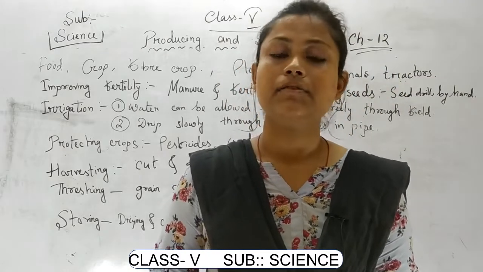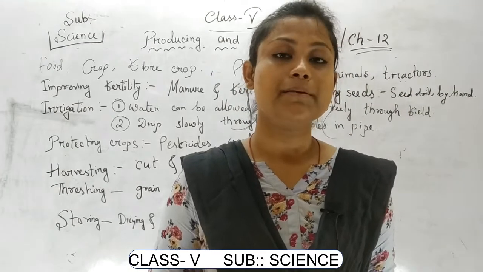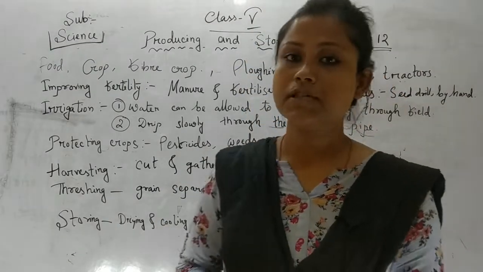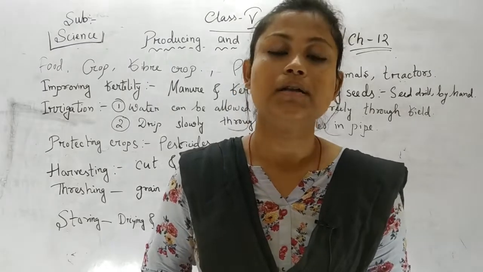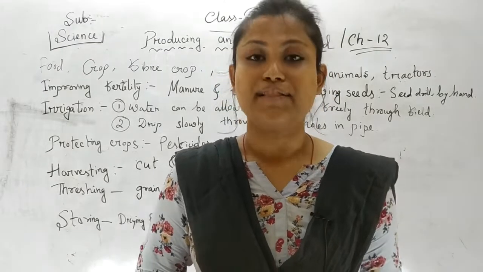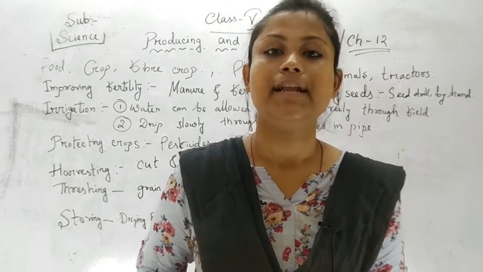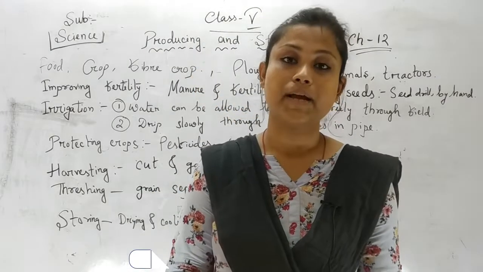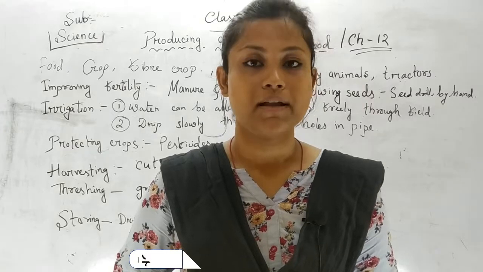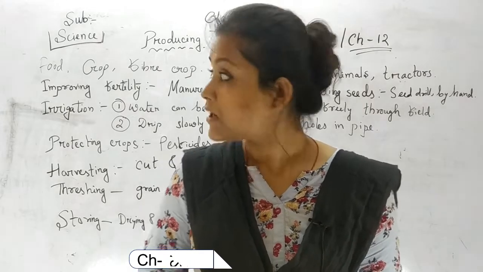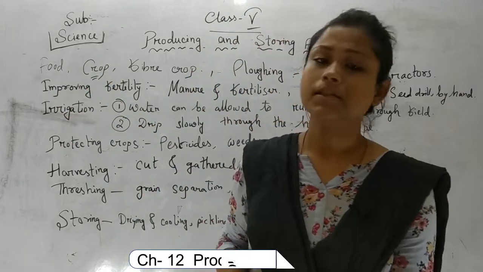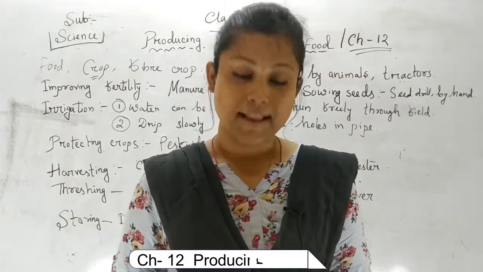Okay, the main focus, the main base of the chapter is food. So the first thing which will come to our mind is, what is food? The thing we eat in our daily life is food. And the second point is, from where are we getting all this food? From the crops. From the crops we are getting all these foods, like rice and dal.